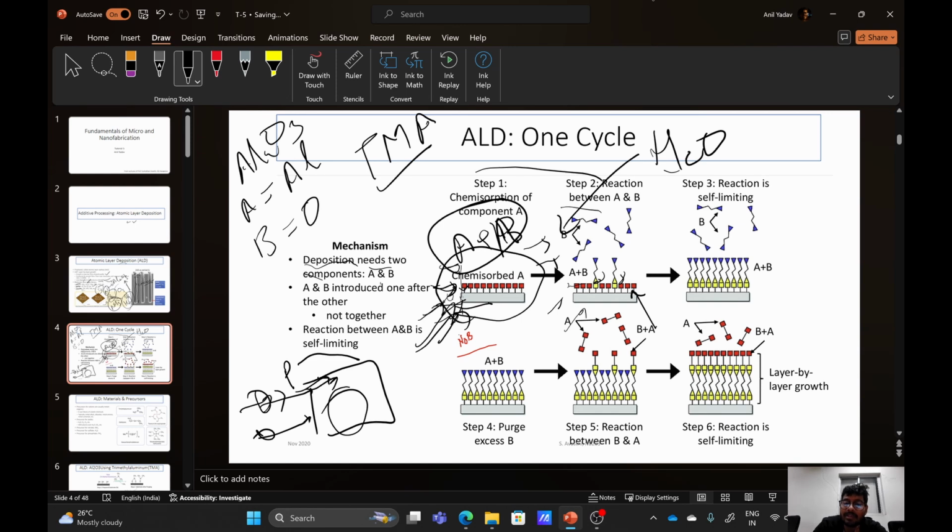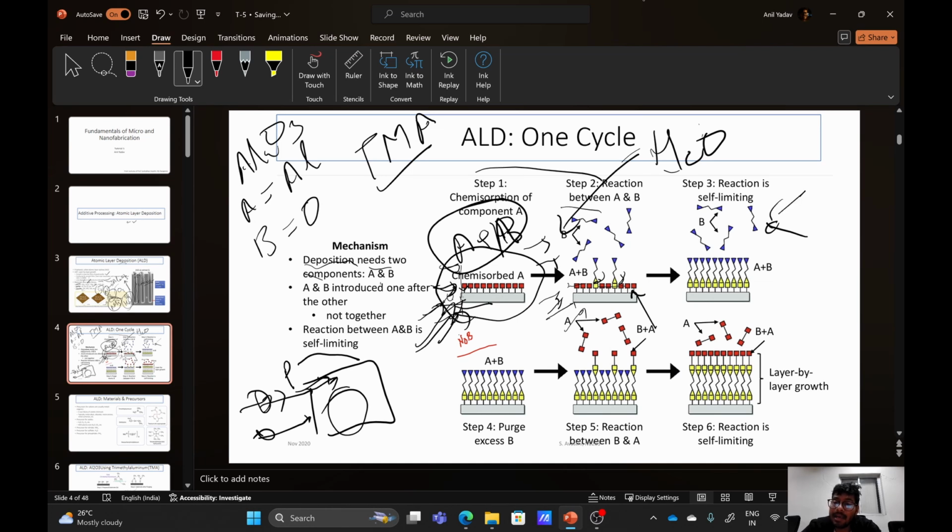Trimethyl aluminium is chemisorbed over the substrate, and after this chemical adsorption, H2O will come and specifically react with the chemisorbed TMA. If we give sufficient time, the hold time or soak time, you can use these kinds of terminologies. So the reaction is self-limiting.